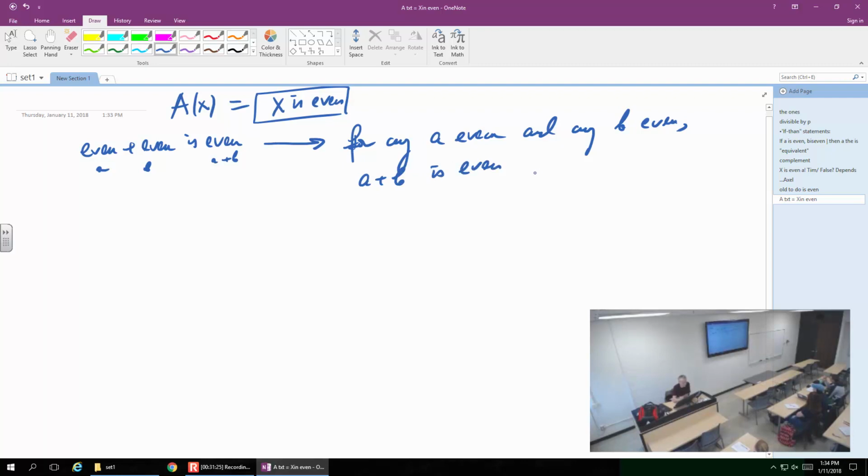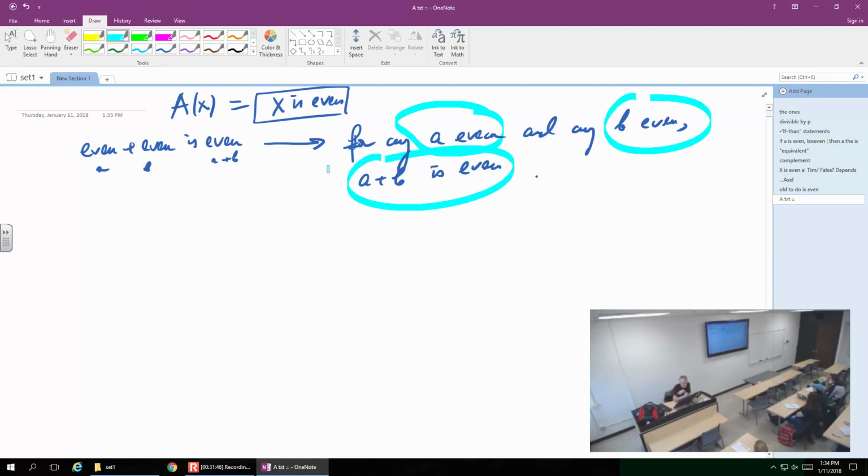Okay, so now A appears. How many times does the A statement appear at the top? Three times. How many times does even appear? So a is even, b is even, a plus b is even.